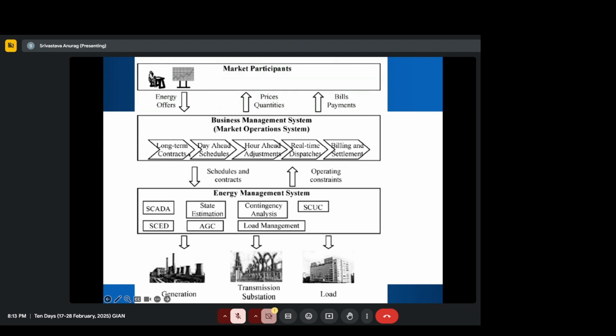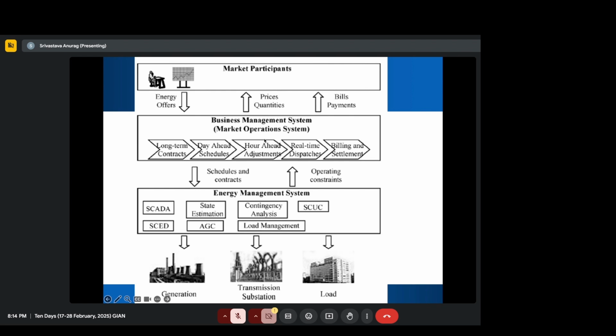So this is all market driven, where we do not minimize the cost, but we maximize the social welfare, which means minimize the cost of load and maximize the profit of generation. And that's what we take in market. That's a big difference between economics based operation versus market based operation.